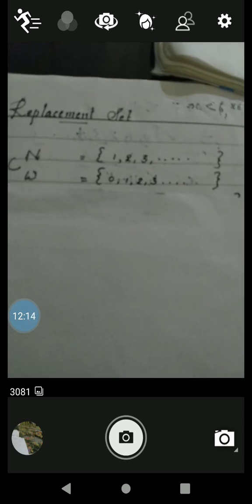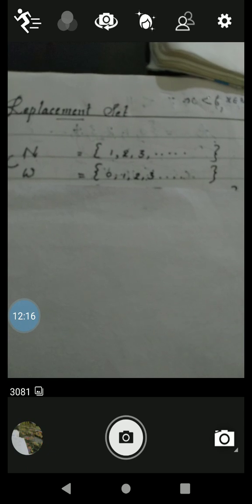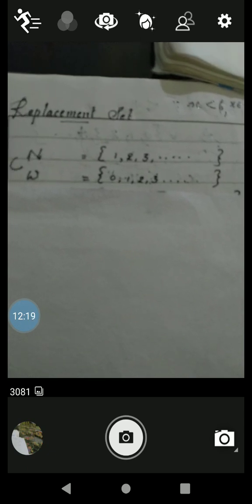Okay, now which are the set of natural numbers? The set of natural numbers is 1, 2, 3, etc. Then what is the set of whole numbers? The set of whole numbers is 0 together with the natural numbers. That is 0, 1, 2, 3, etc. Then integers are whole numbers together with the negative numbers.